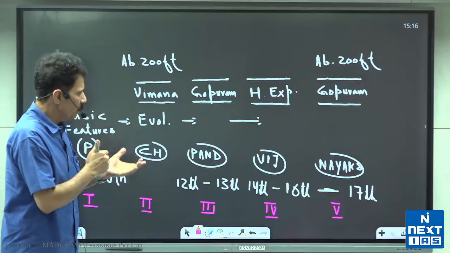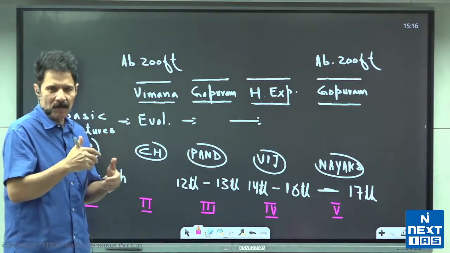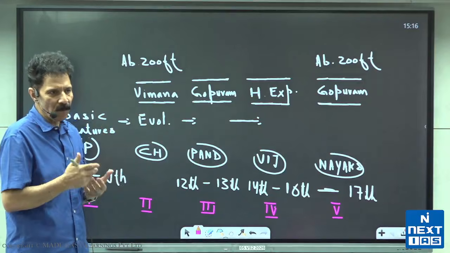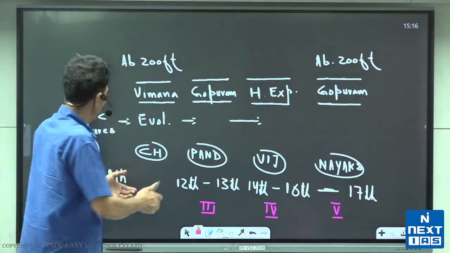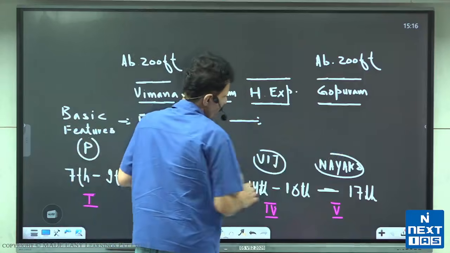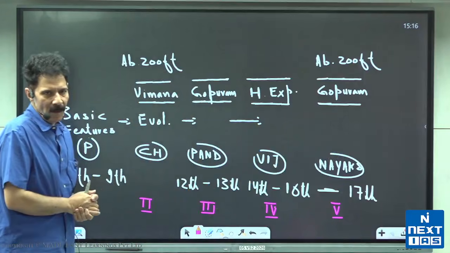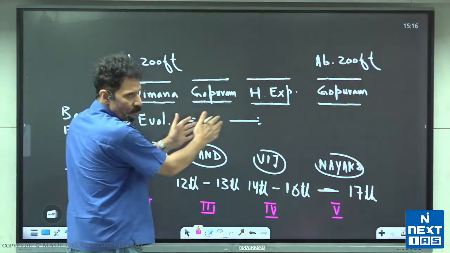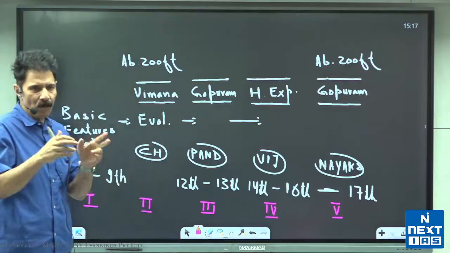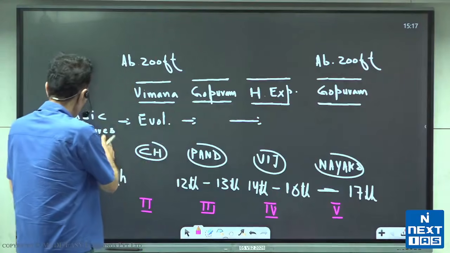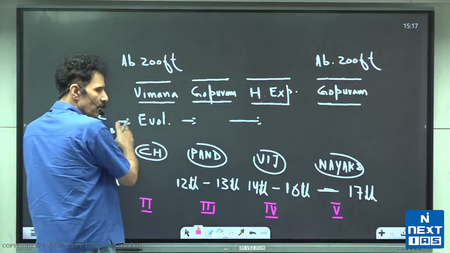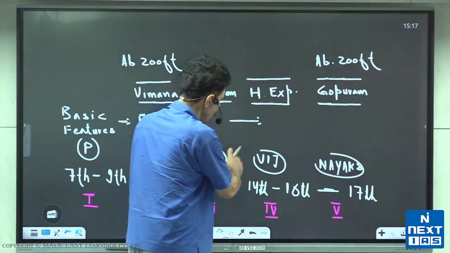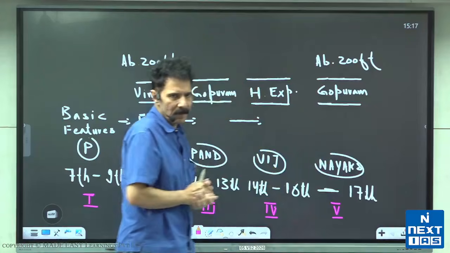It is the way we can prepare in a faster way, in a more effective way. In one go, you understand them all. In one go, you understand the elements of change and continuity. In one go, you understand Dravidian style under Pallavas, under Cholas, under Pandyas, under Vijayanagar, under Nayaks.